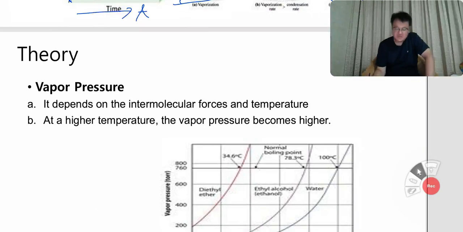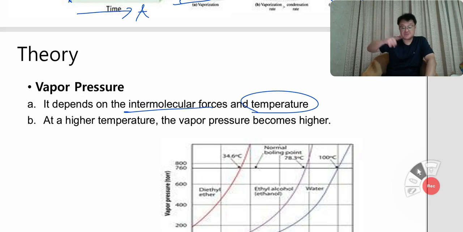Okay? So this vapor pressure depends on the intermolecular force and temperature. When temperature increases, the vapor pressure increases. The intermolecular force is also very important here. When the molecules in the liquid show stronger intermolecular forces, they do not tend to vaporize as much.